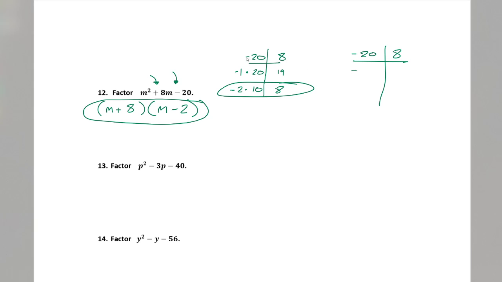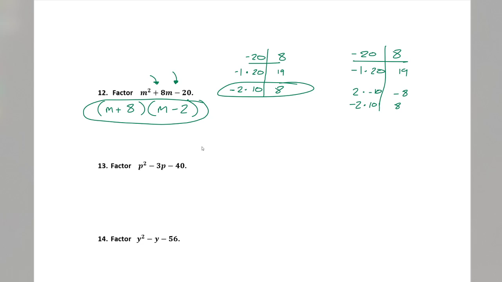So -1 times 20 gives you 19. You try 2 times -10 first, see that gives you -8, and then just know to flip the signs on that to get your answer. That's how it was in the video this morning.